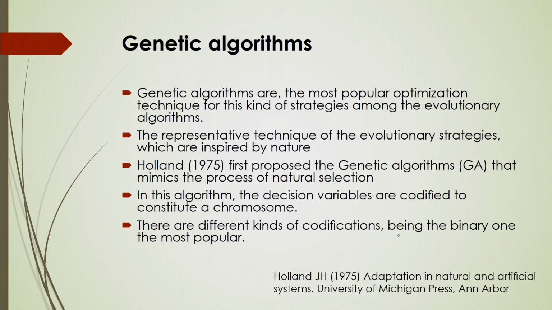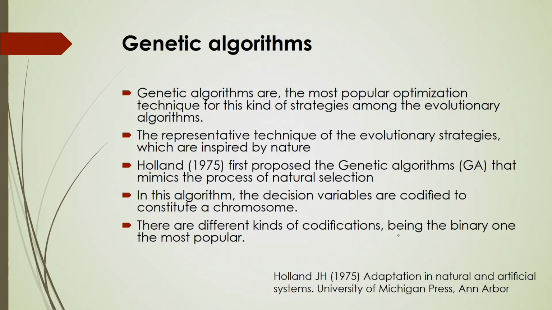Under evolutionary algorithms, there are several different types of algorithms. Genetic algorithms are one of the most popular and useful optimization techniques among the evolutionary algorithms, and the representative technique of these evolutionary strategies, which are inspired by nature.